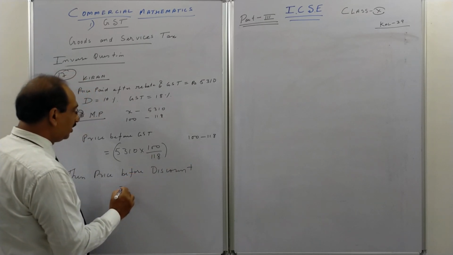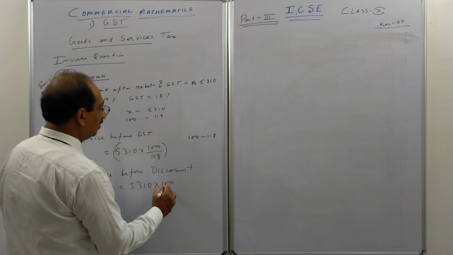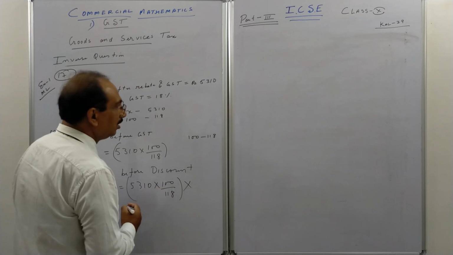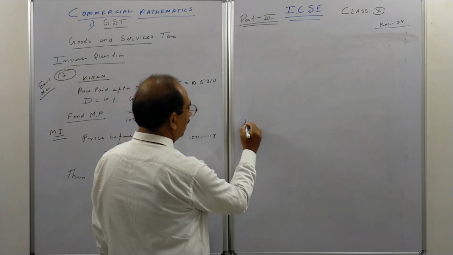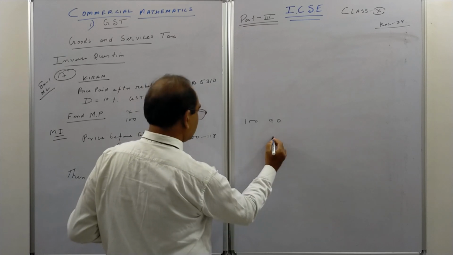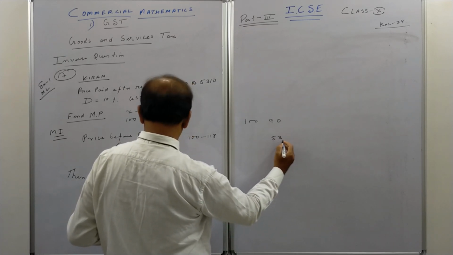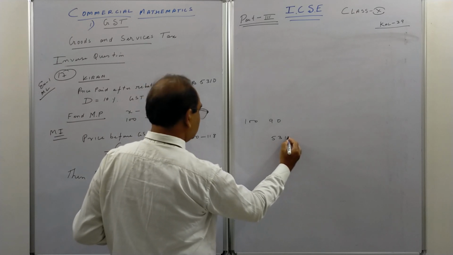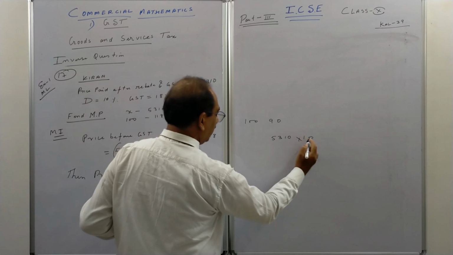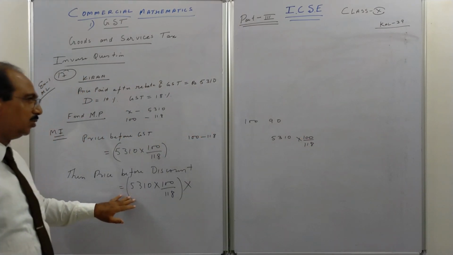So there what we do, 5310. This was the discounted price. So if you see, 100 becomes 90. So children, this is 5310 into 100 by 118.